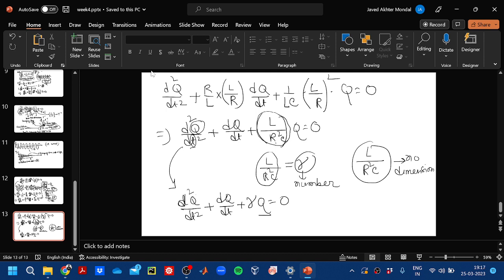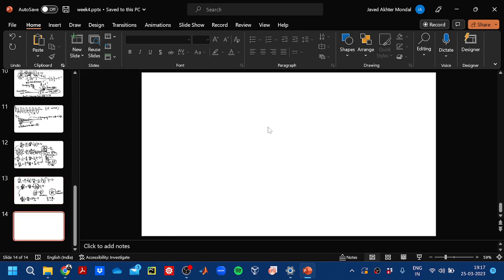So these are just variables, so we can rename them: let us replace this q with x and t with t. So finally we are left with d2x dt square plus dx dt plus gamma x.